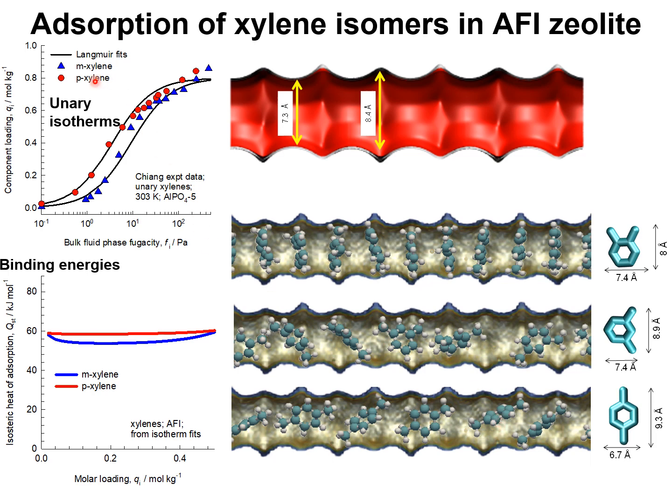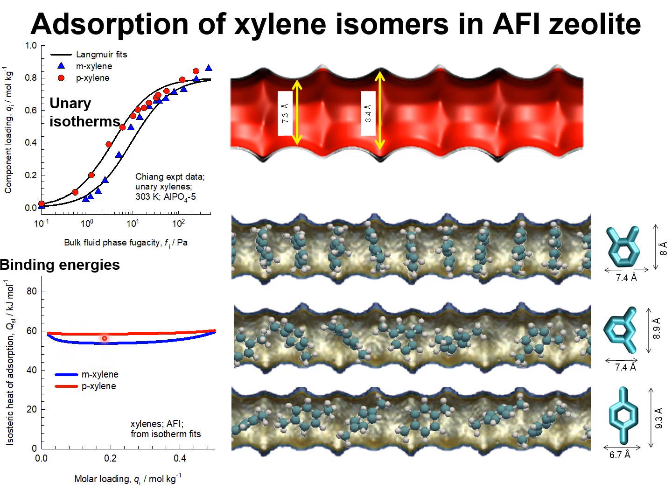Let's first consider a mixture of metaxylene and paraxylene. The unary isotherms are shown in red for paraxylene and in blue for metaxylene. The saturation capacities are approximately equal, and the binding constant for paraxylene is higher than the binding constant for metaxylene.